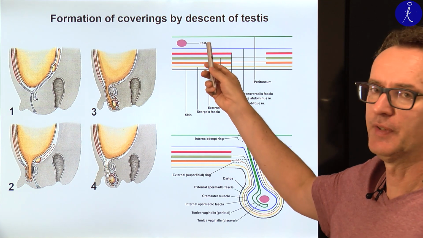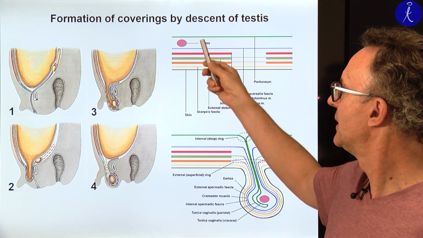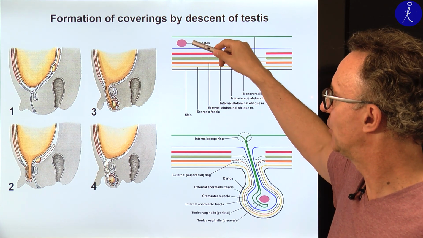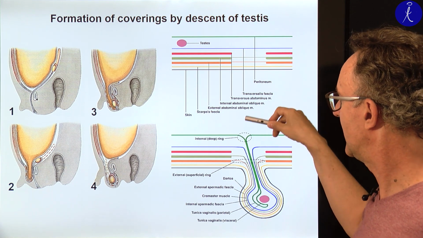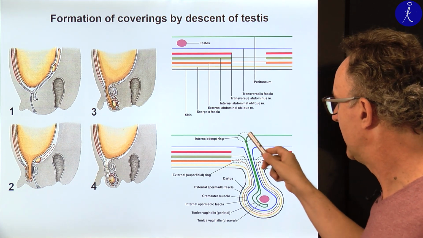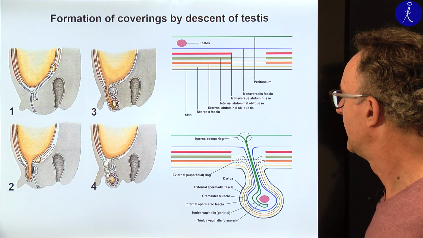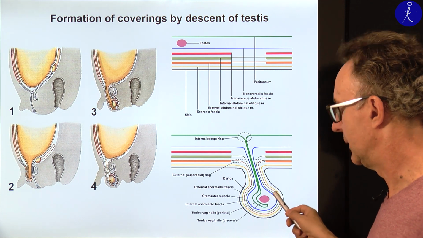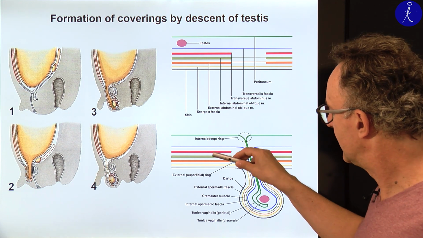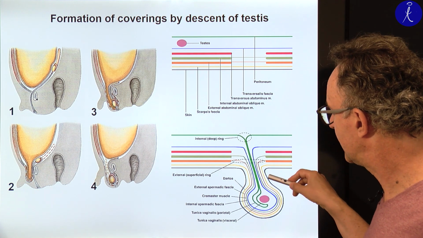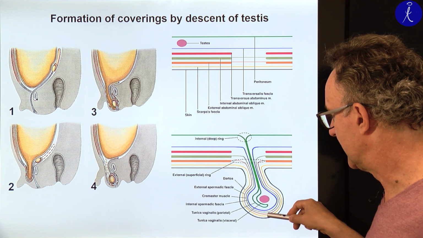As you see in this figure, the testis develops outside the peritoneum, but inside these layers. So when it migrates down, the testis remains always outside the peritoneum, and the other layers of the abdominal wall are protruded.